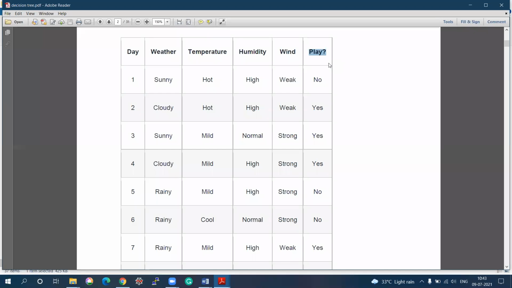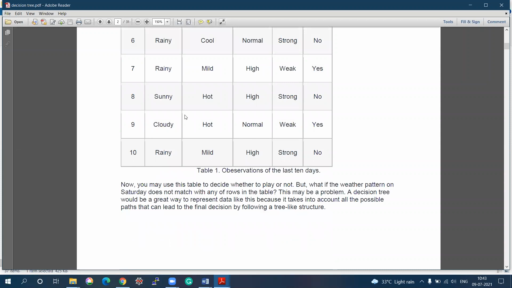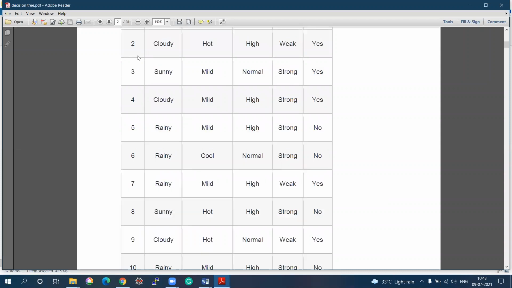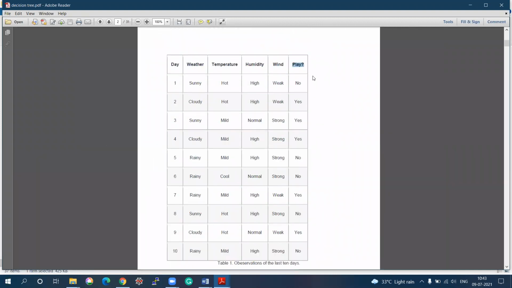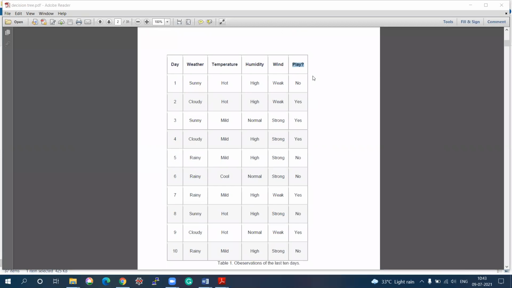There is a specific value mentioned for each attribute, and the attributes are responsible for deciding whether play will occur or not. And there are 10 instances or 10 samples. We observe these 10 samples and the pattern of the attributes. Based on that, the decision was made whether the play will occur or not.